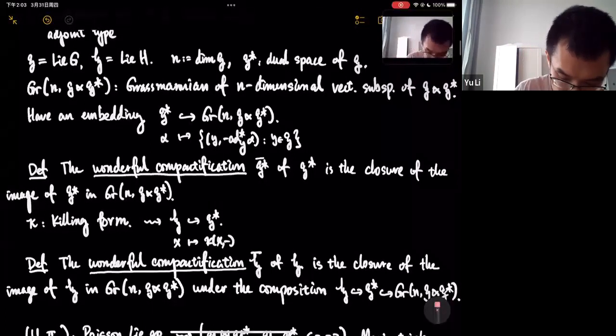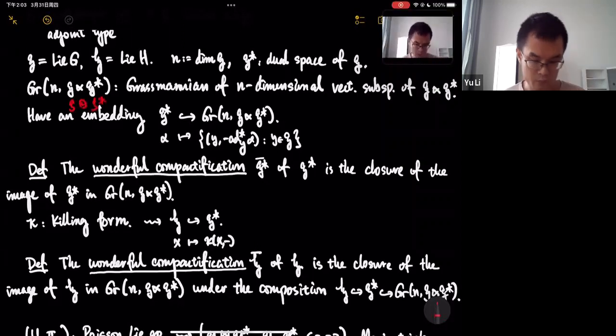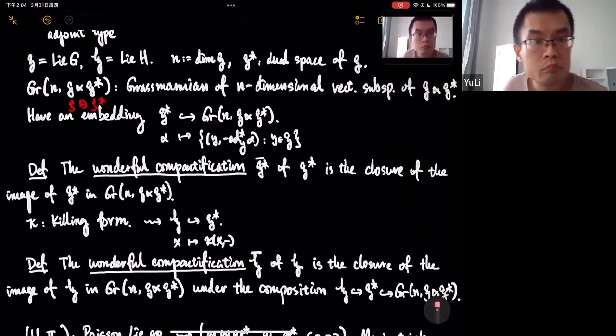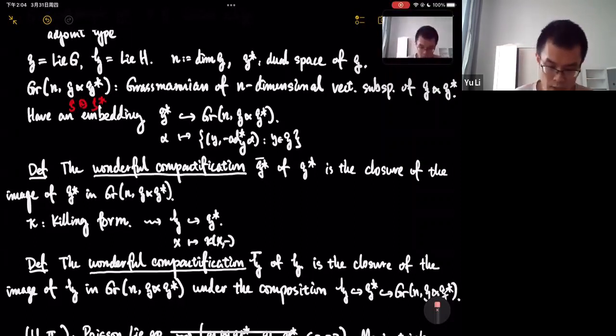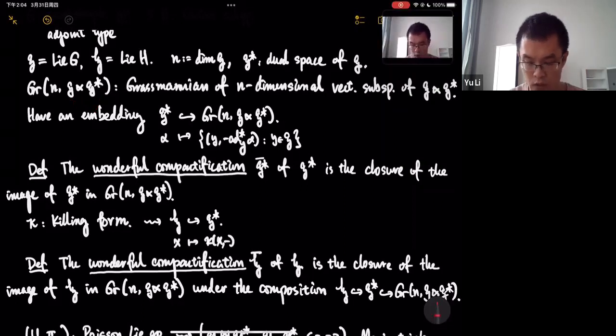For now, you only need to think of the semi-direct product just as a direct sum of vector spaces. Then we have an embedding of G star into the Grassmannian by sending a linear functional alpha to all pairs (y, negative coadjoint of y on alpha).